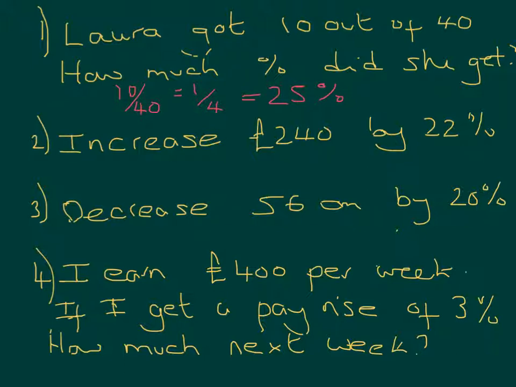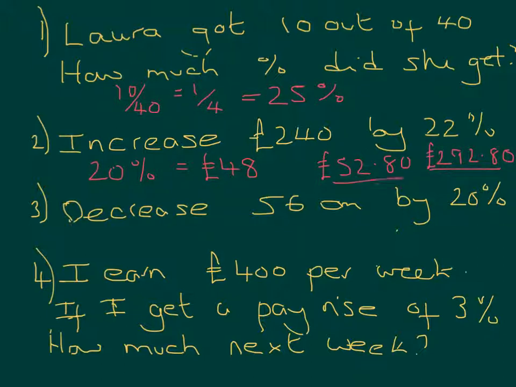Well, 10% is £24, so 20% will be £48. 2% will be £4.80. So I need to add all of that together. So my whole amount becomes £52.80. So that's my increase.